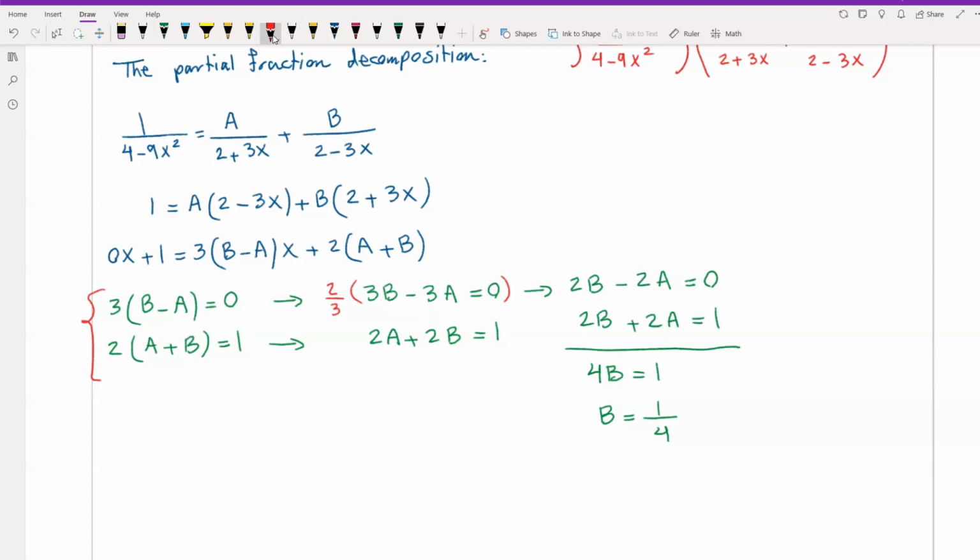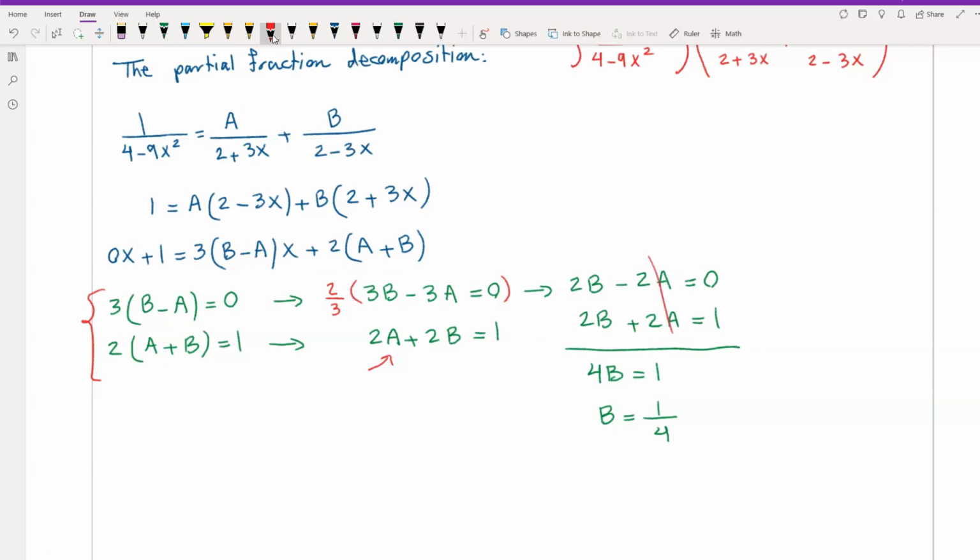Now solving, so what I did, I multiplied the first one by 2 over 3. So that is 2b minus 2a equal to 0. And I switched the order for this part. It doesn't matter, but I switched to 2b plus 2a equal to 1.